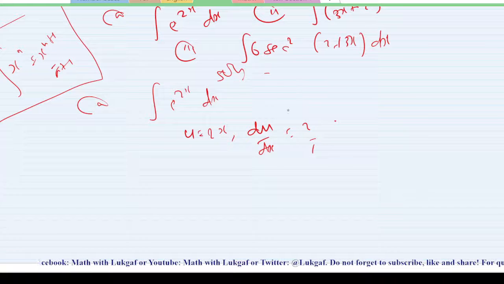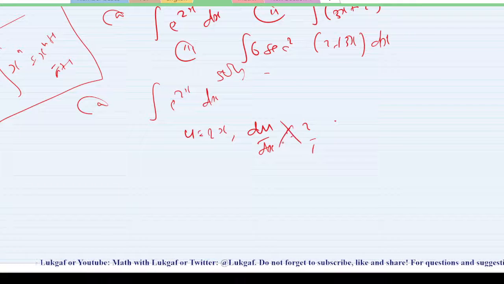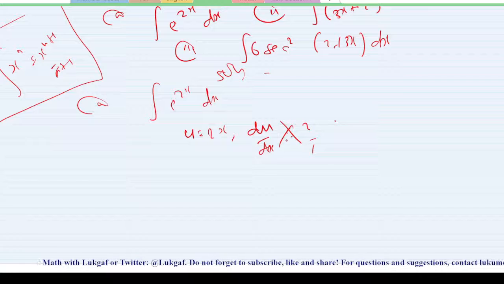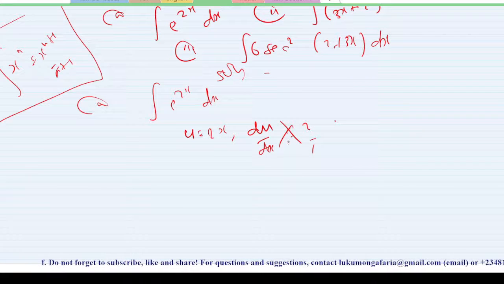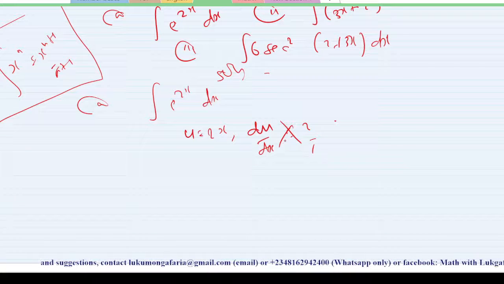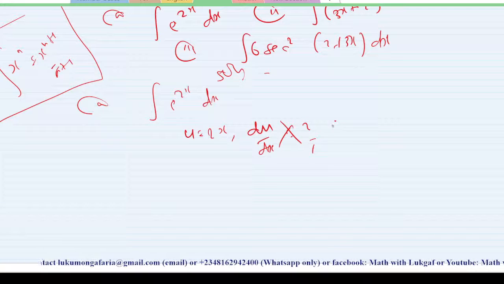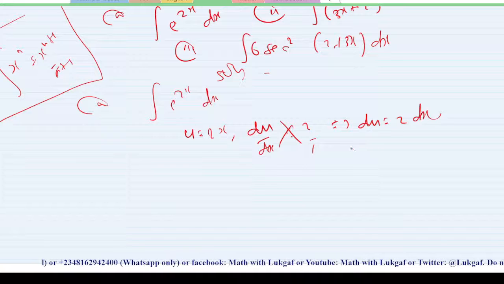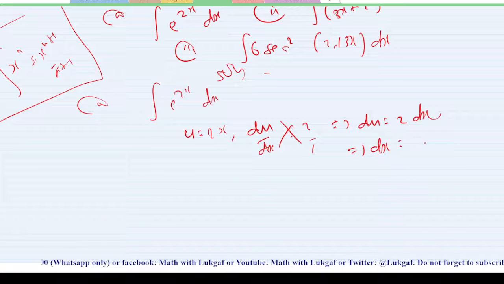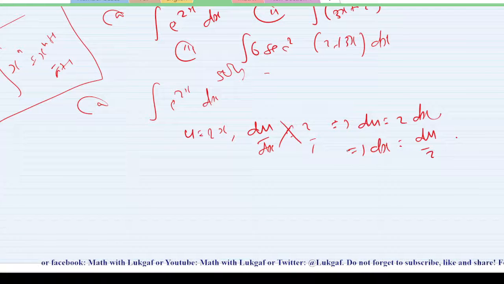In essence, you make dx the subject of the formula, such that when you substitute it into your integral, we have all our values in terms of u. So if you cross multiply, this gives du is equal to 2 dx, which implies that dx is equal to what? du divided by 2.